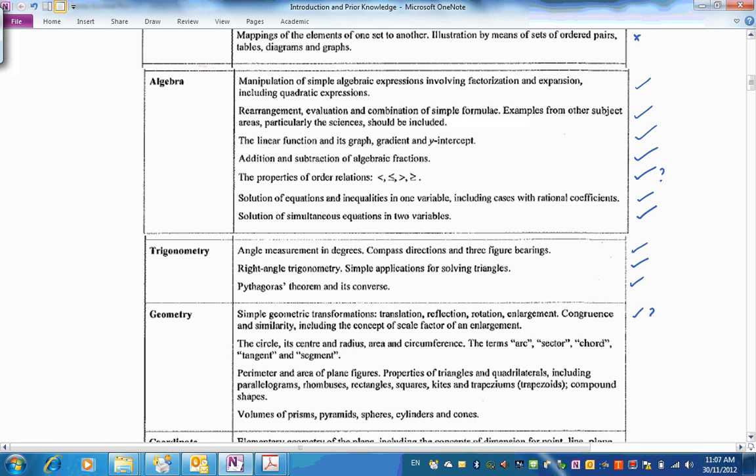Generally okay, maybe a bit of a question on some of the transformation work there. The circle, its centre and radius area, arc, sector, yes, usually a bit of a question mark on perhaps arc and sector. Perimeter and area of plane figures, properties of triangles and quadrilaterals, including parallelograms, rhombuses, yeah, probably not too bad. Volumes of prisms, pyramids, spheres, yes, probably around year 10 work.